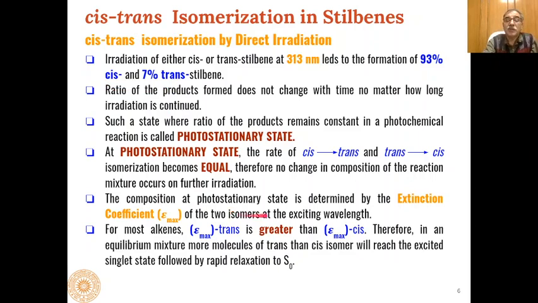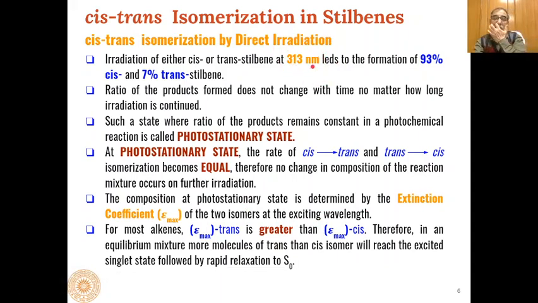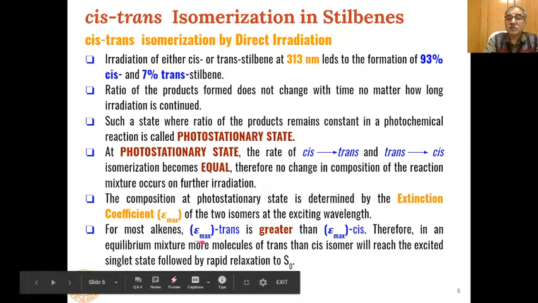And the composition at the photostationary state is determined by the extinction coefficients of the two isomers at the exciting wavelength. So in this case, at 330 nanometers, we will measure the extinction coefficient for both the isomers, trans as well as cis. So epsilon max of trans is always greater than epsilon max of cis.